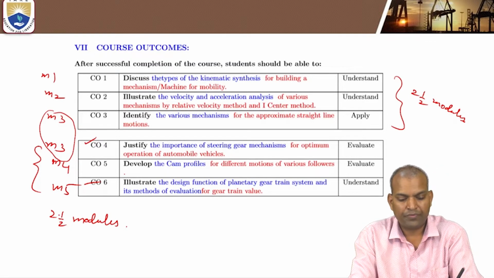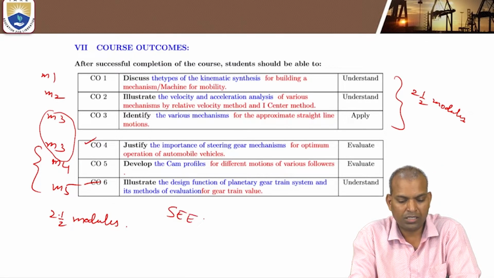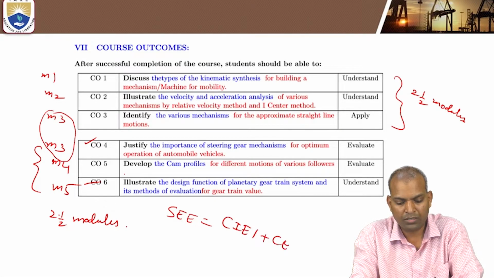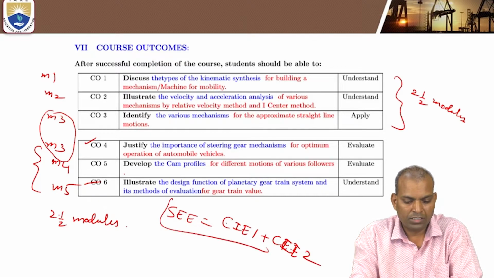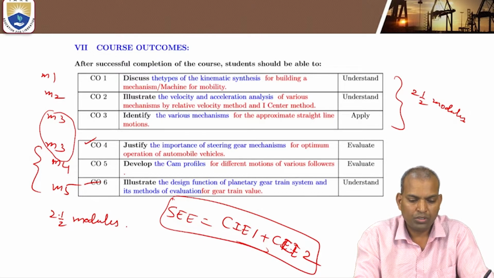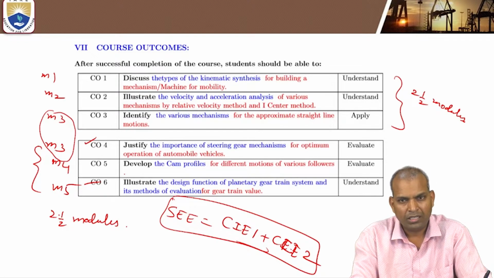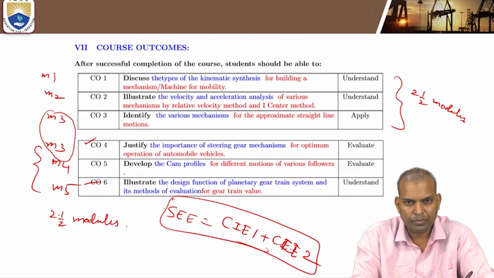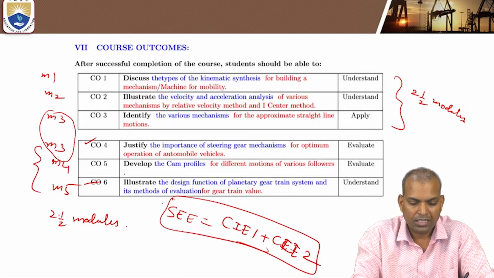So the semester end examination, SEE, equals the CIE1 syllabus plus the CIE2 syllabus. The syllabus and the course outcomes are made in such a way that the student can perform better in semester end examinations.